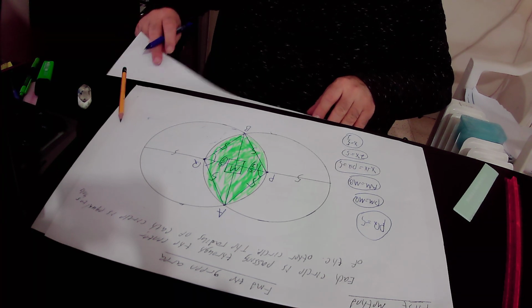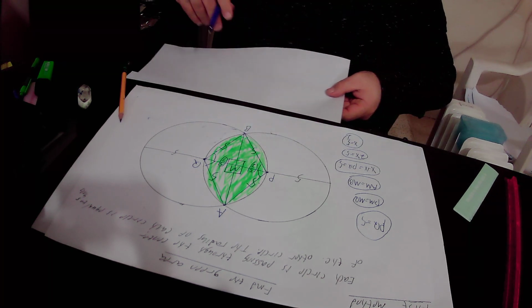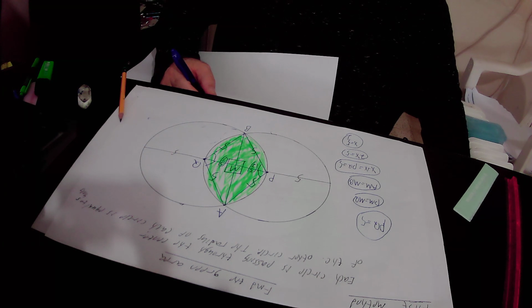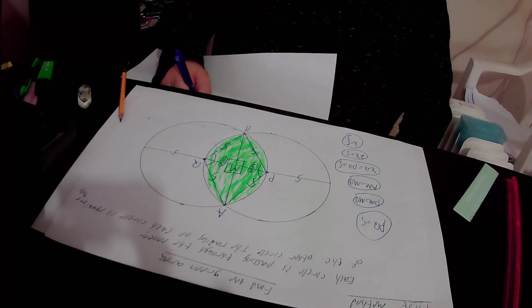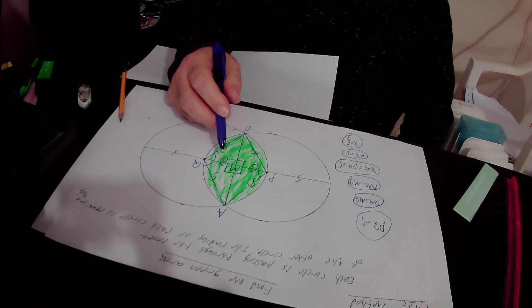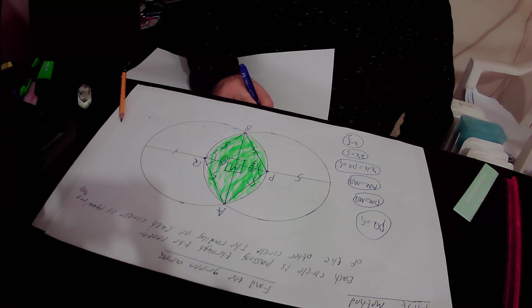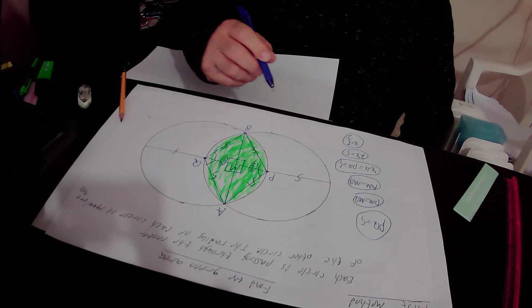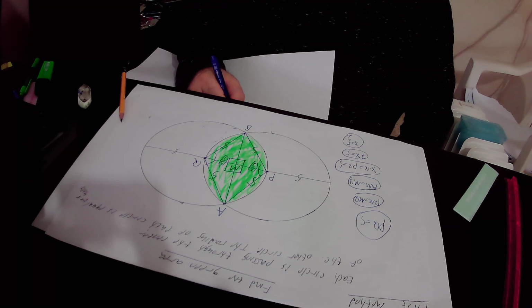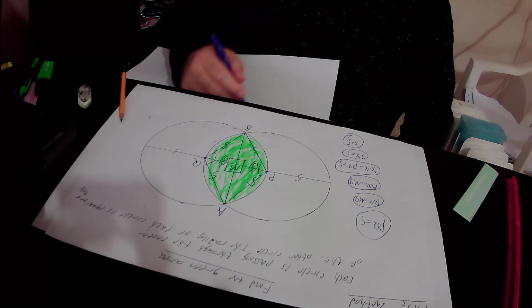But first of all, I'll write down that we will focus on the right triangle APM, the right triangle AMQ, the right triangle PMB, and the right triangle MQB.